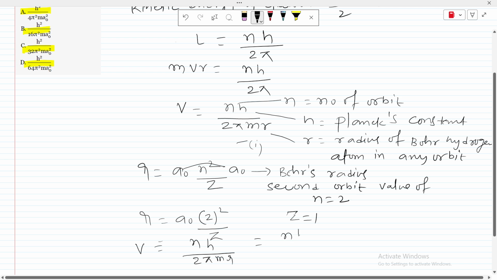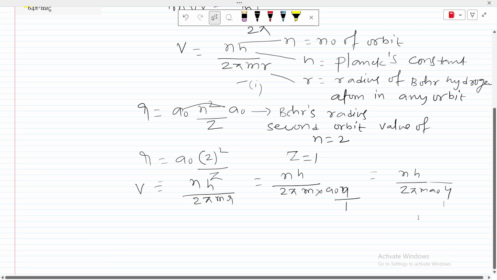So it is equal to, if you substitute the value of r, n h upon 2 pi m a naught into 4, and the value of z is 1, and n is the number of orbit.